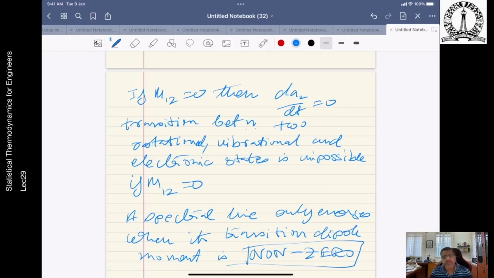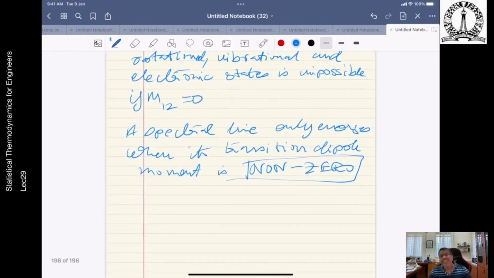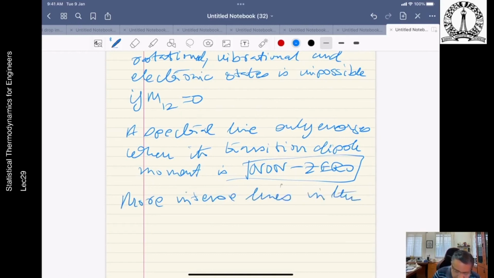Generally, the more intense lines in the spectrum arise when Mij is high.